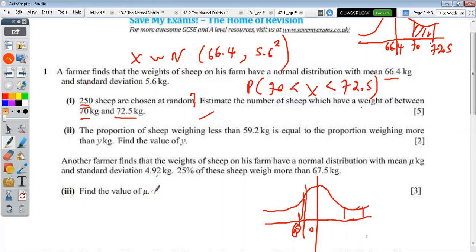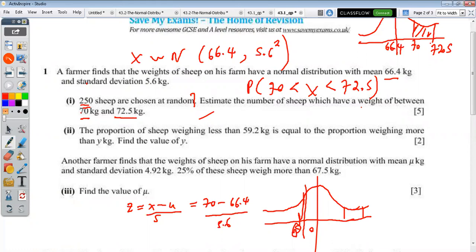To standardize, we know that Z is given by the formula X minus mu over sigma. Let's start with 70. So it's 70 minus 66.4 divided by the standard deviation, which is 5.6. What do you get? Give your answer to 3 decimal places. Can we use our calculators?